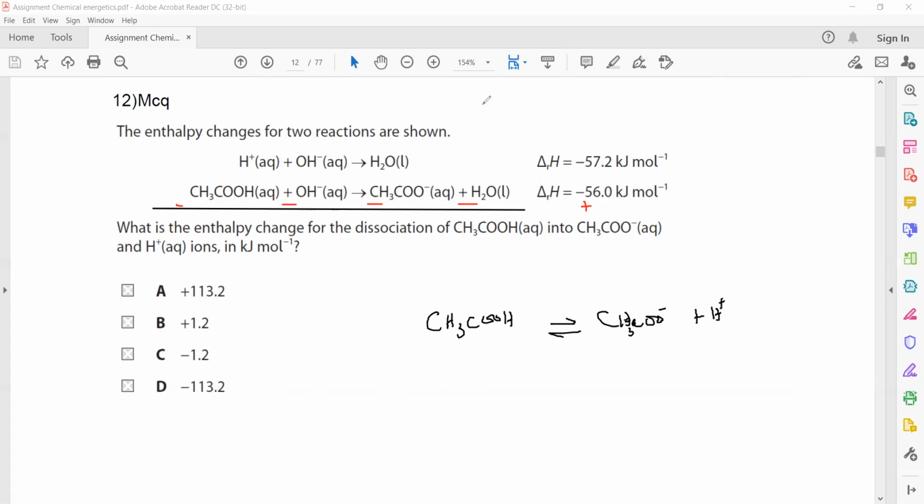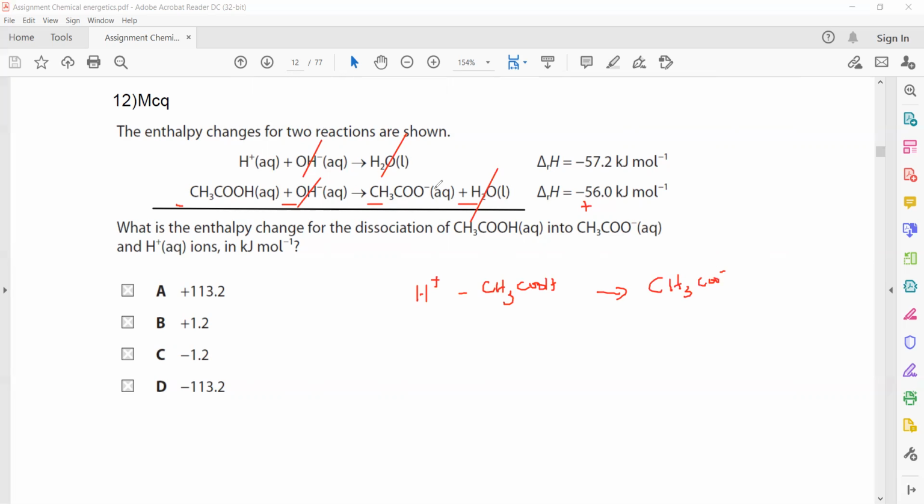Now what will be the overall equation when I subtract the two equations? The OH ion will cancel with the OH ion, the water molecules will cancel with the water molecule, and we are left with H plus minus CH3COOH on the left hand side, and on the right hand side we are left with CH3COO minus, because the sign changes.